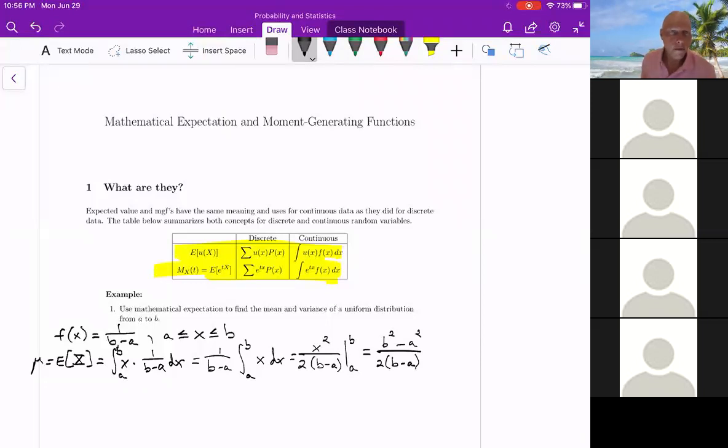While it may feel like there's nothing left to do, you can actually simplify in this one, because the numerator factors into a b minus a and a b plus a, which enables us to cancel out the b minus a on top and bottom. And so our answer is that the mean is b plus a, or you could write a plus b, both ways are fine, over 2.